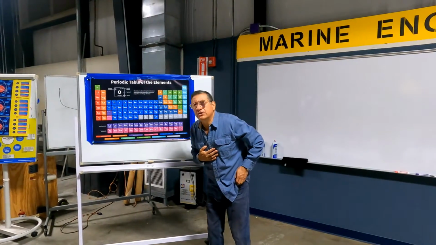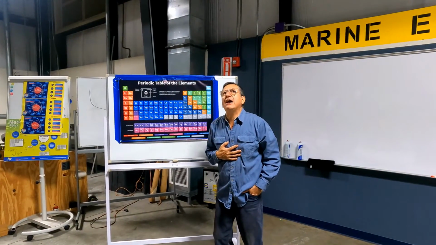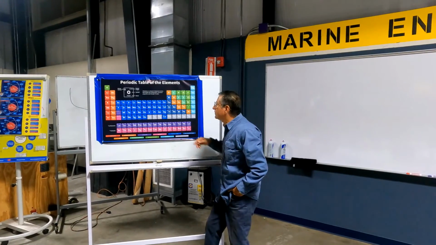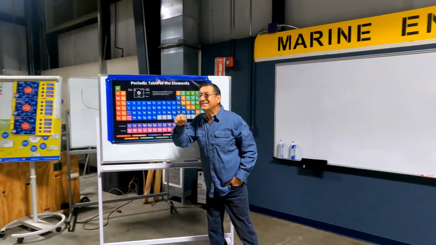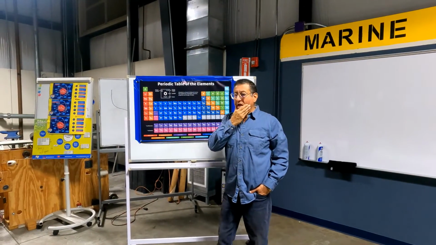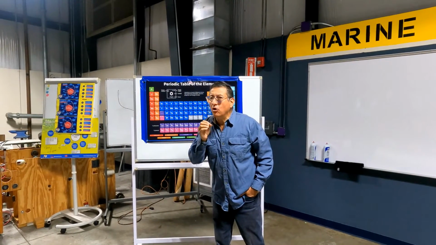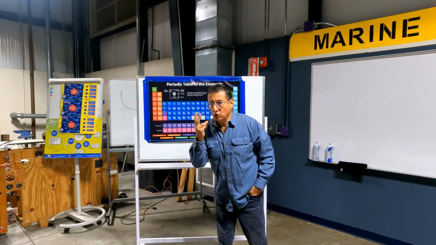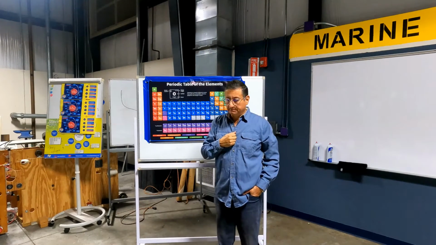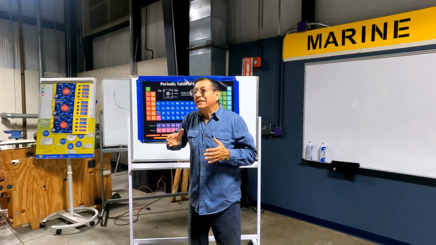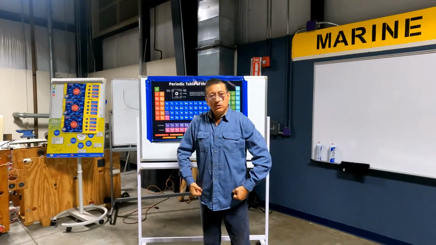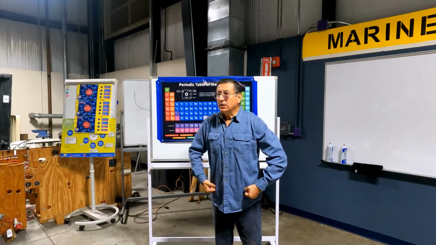Okay, look at this. How many electrons in the last orbit does oxygen have? Oxygen, group number? 6. 6 electrons in the last orbit. How many electrons does oxygen need to be stable? 2. Pay attention. The elements with more electrons in the last orbit have more energy.